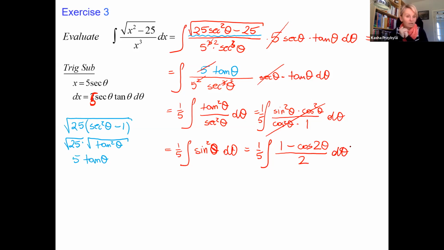That means we eliminated the square and just have the trigonometric term. 1/5 and 1/2 is 1/10 times 1 minus cosine of 2 theta. The integral of 1 d theta is theta. And now, what's the integral of cosine of 2 theta?